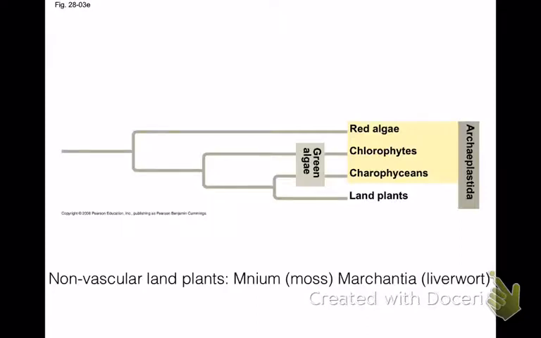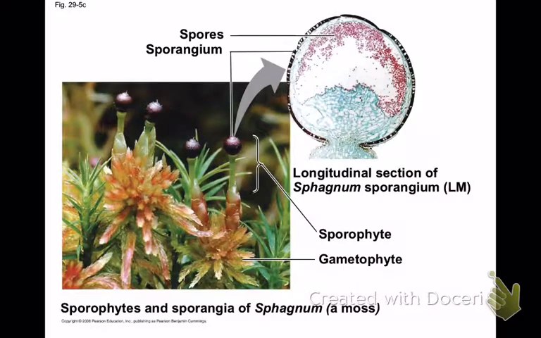So the other major group that we looked at in the Archaeplastida were the non-vascular land plants. So we looked at two different plants. We looked at Mnium, which is a moss, and Marchantia, which is a liverwort. So this is an example of a moss.